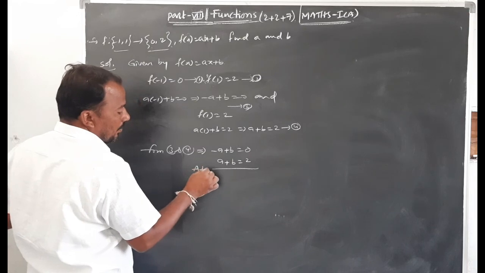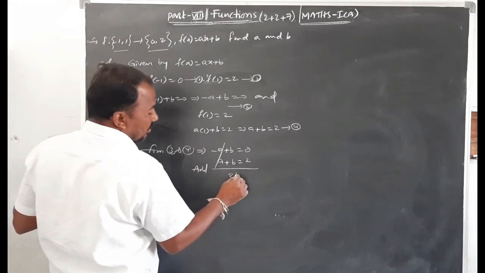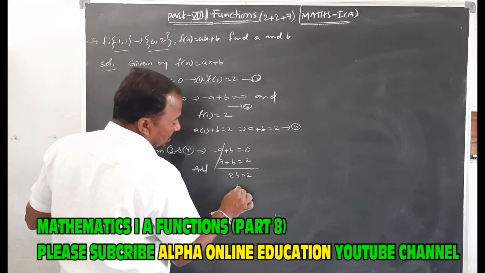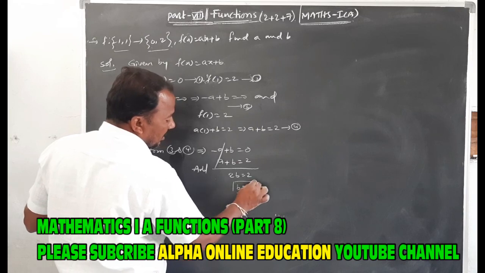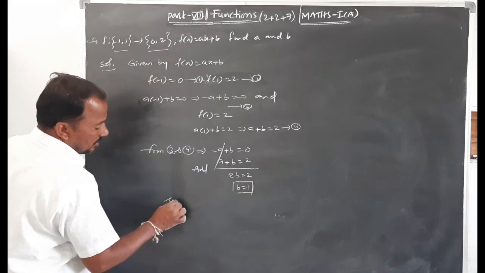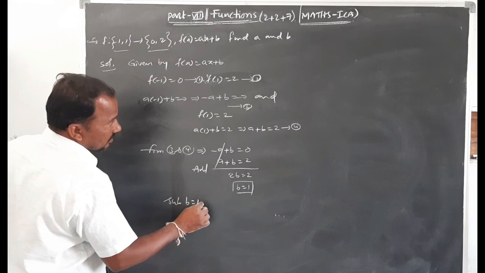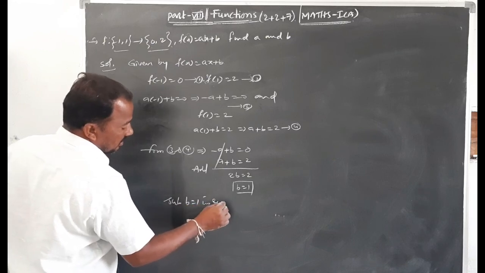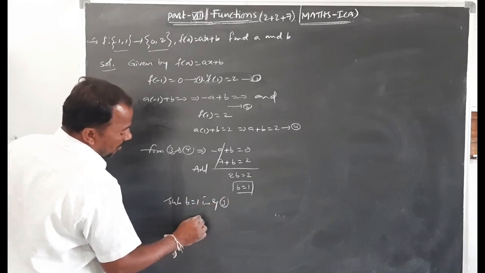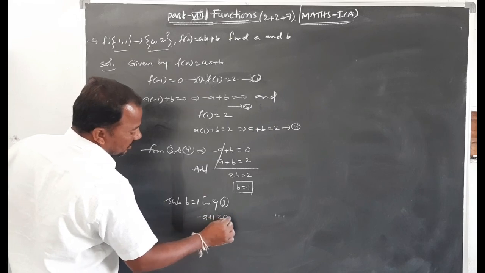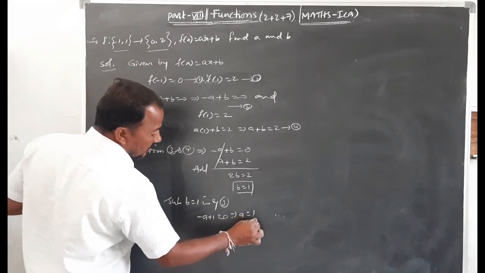Add, a gets cancelled, 2b equals 2, b equals 1. Substitute b equals 1 in equation 3: minus a plus 1 equals 0, so a equals 1.